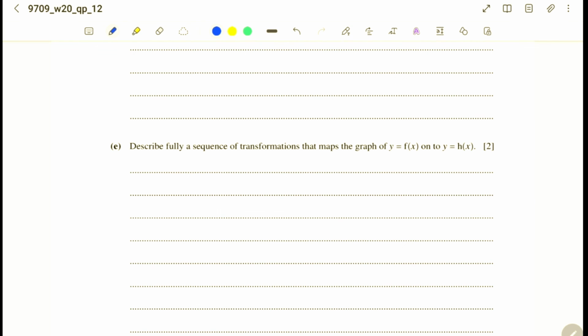Next part of the question is describe fully a sequence of transformations that maps the graph y is equal to f of x onto y is equal to h of x. H of x is 2 multiplied by f of x plus 1 over 2 pi.